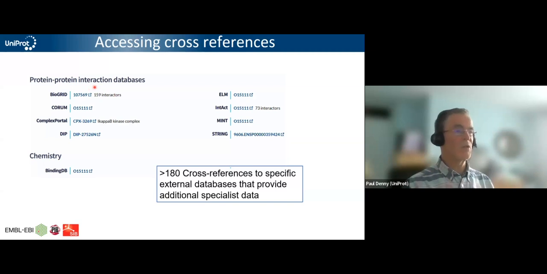In fact, the majority of it is automatic, but some of it will have been added manually, and that is things like protein-protein interaction. So these are links to databases that specialize in protein-protein interactions, but we have over 180 cross-references for other classes of data that link to other specialist databases.